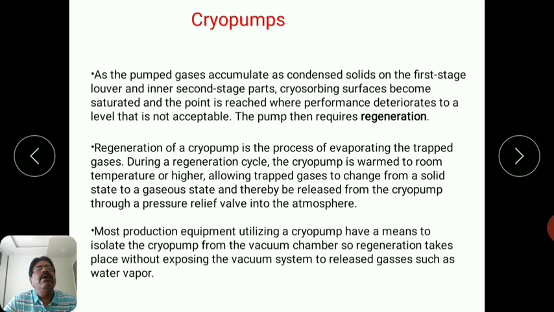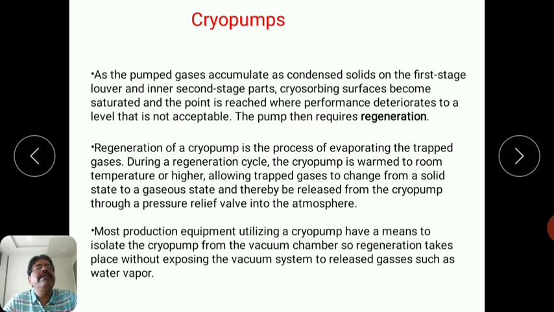During the operation of this particular cryopump, the gas species accumulate mostly by cryocondensation, and a few of them are captured by cryoadsorption. Later on, these surfaces will get saturated. That means when so many gas molecules are adsorbed or condensed on these surfaces, there will be no further space available.